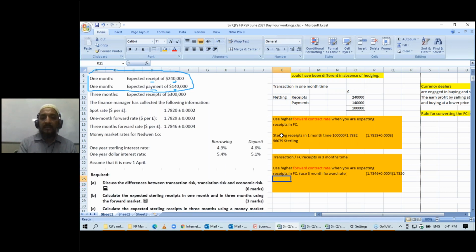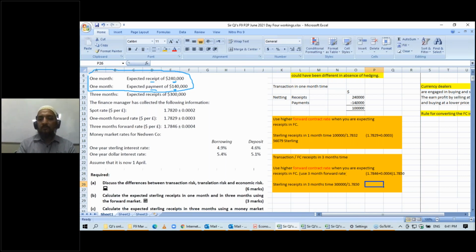So the sterling receipts in 3 months' time will become, now this is fixed. As you've agreed the rate, you now know that you are going to receive exactly this much in 3 months' time. So sterling receipts in 3 months' time is going to be $300,000 divided by 1.7850.